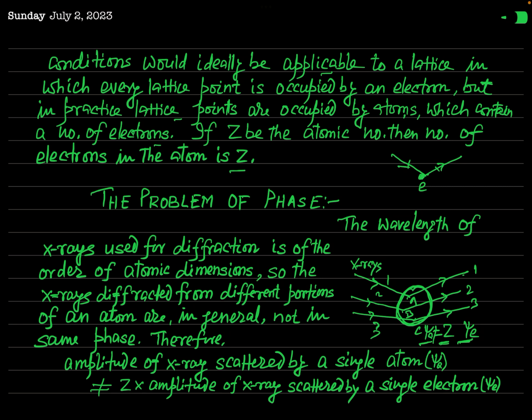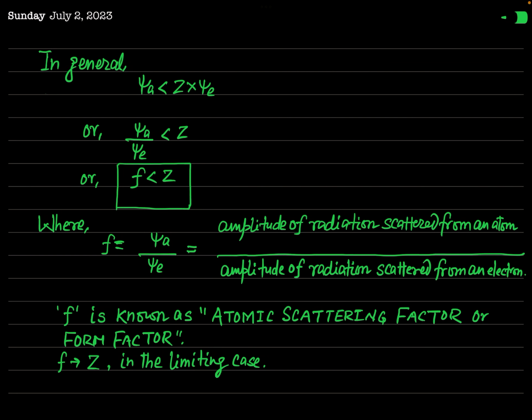I have mentioned it here: the amplitude of X-ray scattered by a single atom, which I have denoted by the symbol psi a, is in general not equal to Z times the amplitude of X-ray scattered by a single electron. Symbolically, psi a is not equal to Z into psi e.